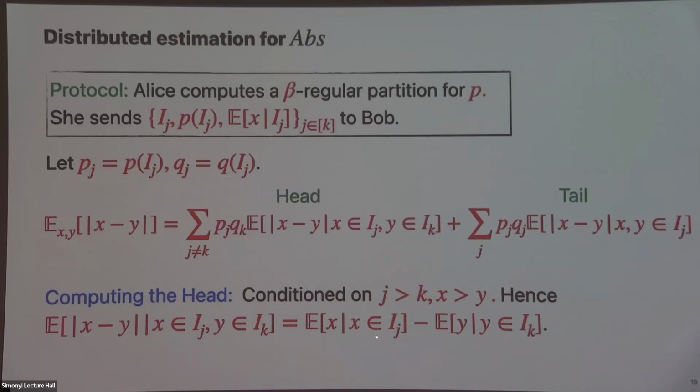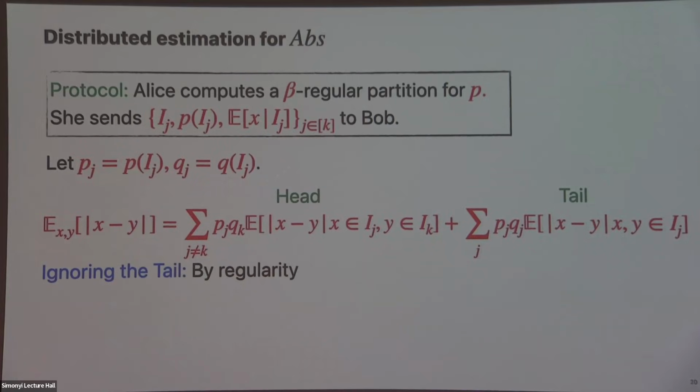Now, this thing Alice has told Bob. This thing Bob knows because he holds the distribution. So this means that every single term in this first summation, Bob can compute based on Alice's message. That's the head.